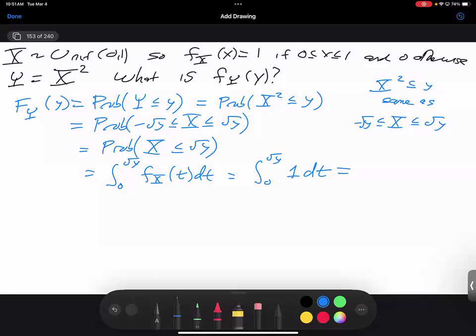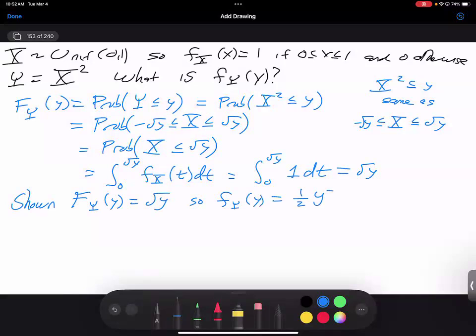Yes? Because the function is constant and I just multiply by the length. So we've just shown that the cumulative distribution function of Y is equal to the square root of y. So the density is going to be 1/2 y to the minus 1/2 for 0 less than or equal to y less than or equal to 1.